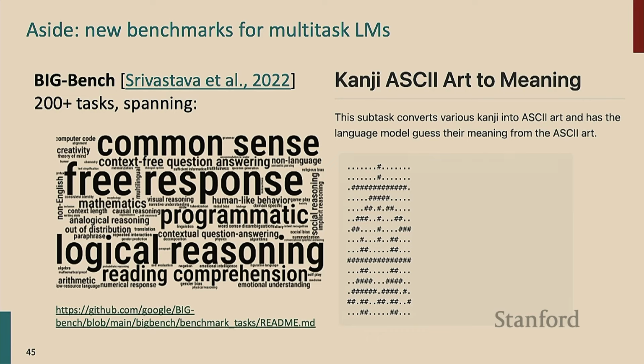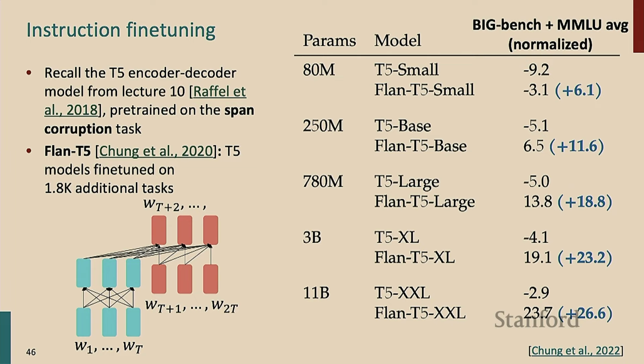Okay, so instruction fine-tuning, does it work? Recall there's the T5 encoder-decoder model. This is Google's encoder-decoder model, pre-trained on this span corruption task. If you don't remember that, you can refer back to that lecture. But the authors released a newer version called FLAN-T5. FLAN stands for fine-tuning language models.